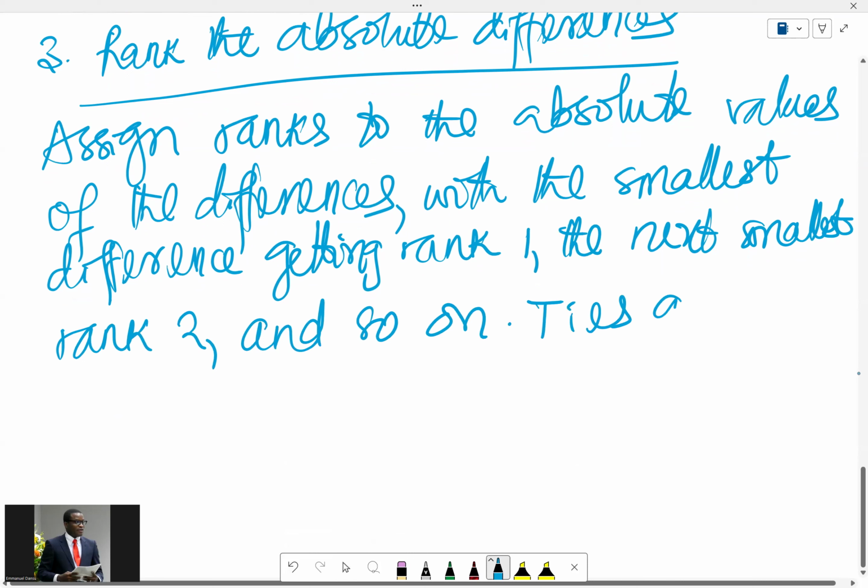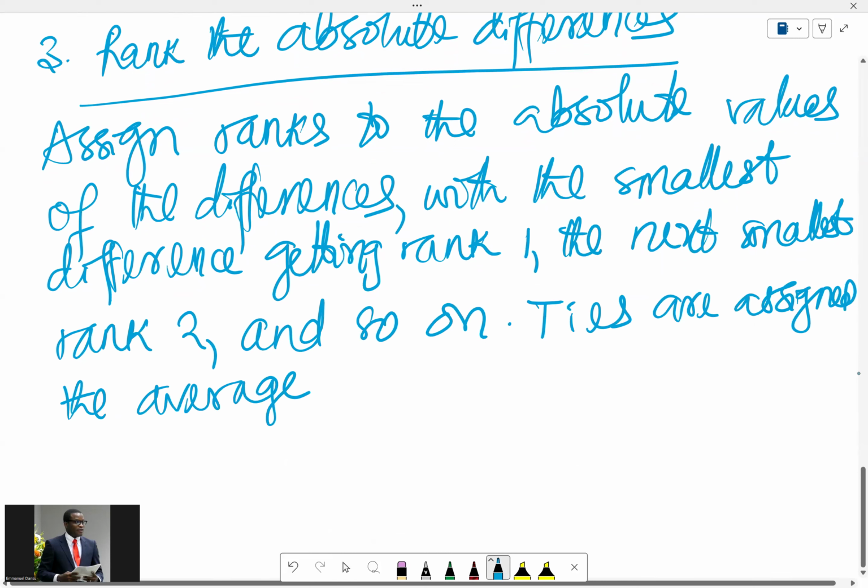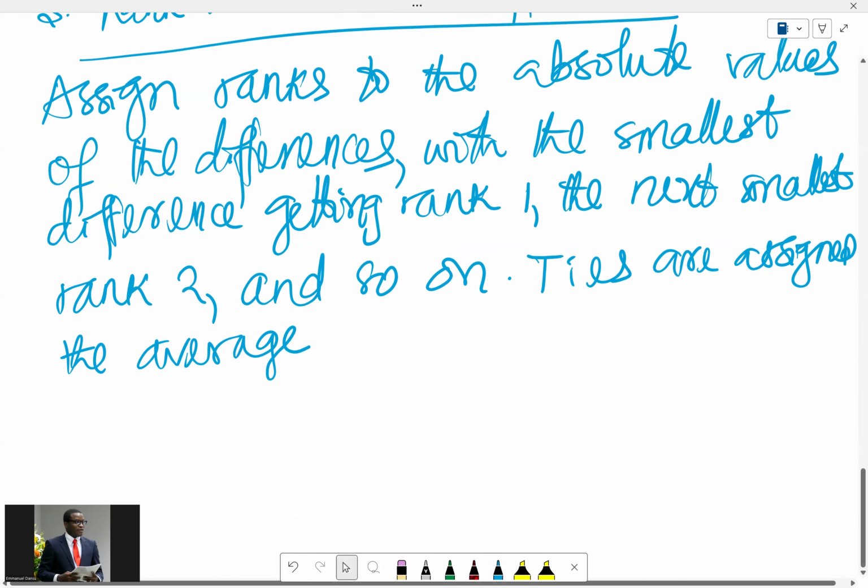Ties are assigned the average rank. That was the kind of thing we did in the previous test where two numbers tie in position 3, so we have 4 divided by 2 for each. That means the rank is 3.5 for each one.